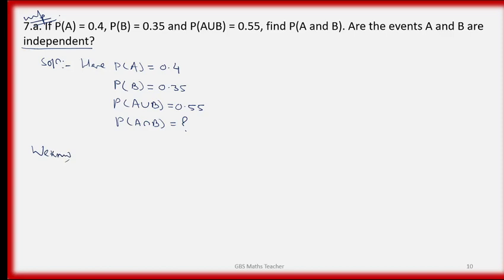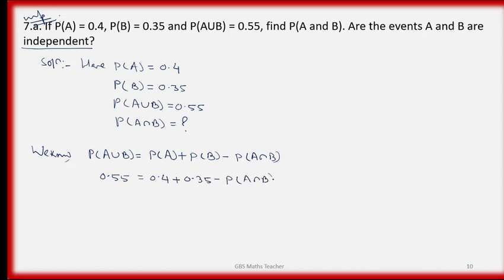We know probability of A union B equals probability of A plus probability of B minus probability of A intersection B. So 0.55 equals 0.4 plus 0.35 minus probability of A intersection B. Shifting this to the right and this to the left, we obtain P of A intersection B equals 0.75 minus 0.55, which equals 0.2.